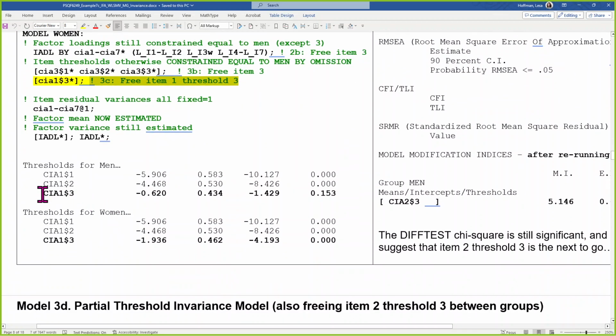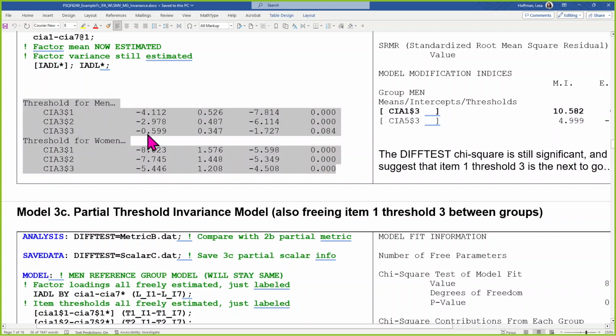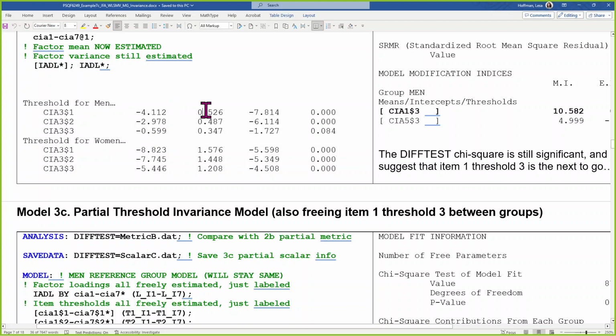Here are the differences for item 1. Actually, I should look at the ones for item 3. Let me back up a page here. So here's item 3's thresholds after we let them be different. If you had to summarize the pattern here, what would you say?